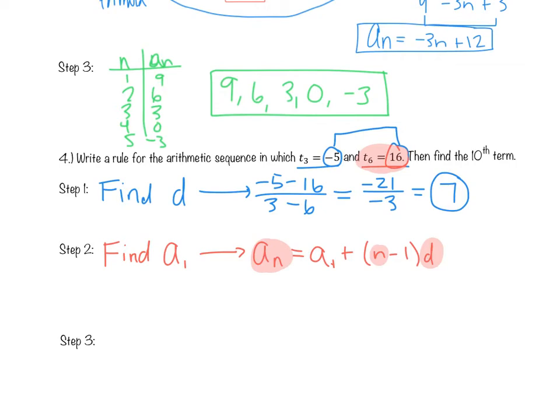Again, I don't like dealing with negatives. So the term is 16, a sub 1 plus, and the term number was the 6th term, and d is 7. So what I get is 16 equals a sub 1 plus 6 minus 1 is 5, 5 times 7 is 35. I subtract it over.